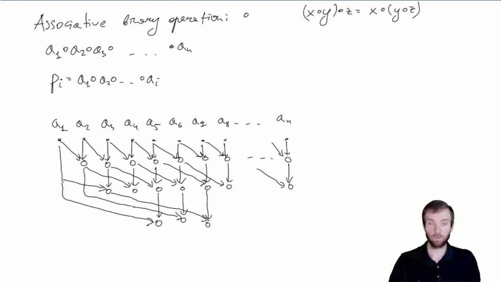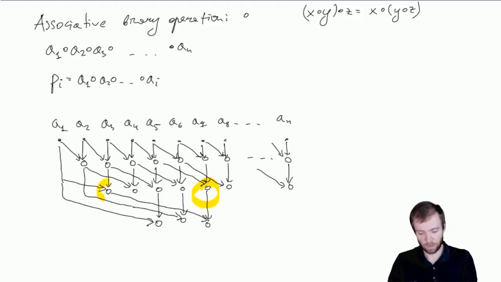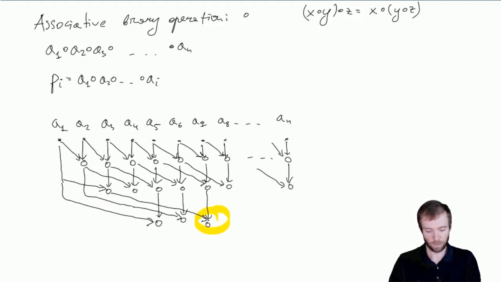Now we see that, for instance, here we have the product of what things? Here we had a product of A4, A5, A6, and A7. And here we have a product of A2 and A3. So now here in this node, it looks like we will compute the product of all A's from A1 through A7.